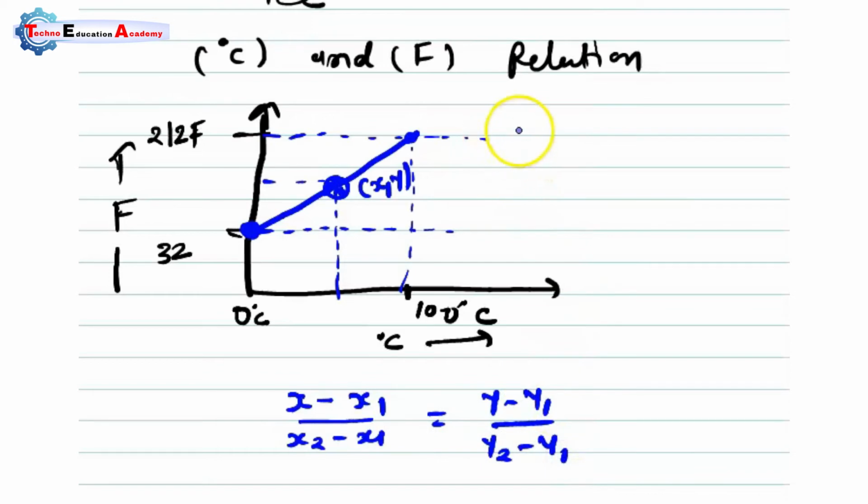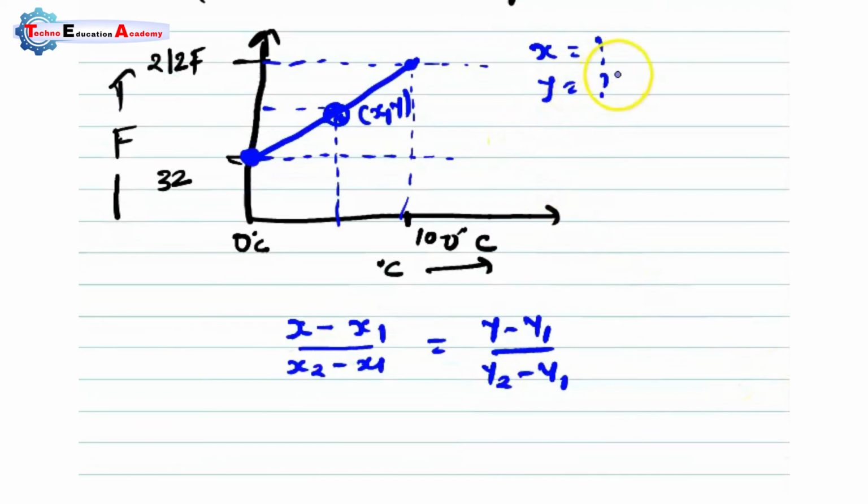Here x is the coordinate measured in degree centigrade and y is measured in Fahrenheit.